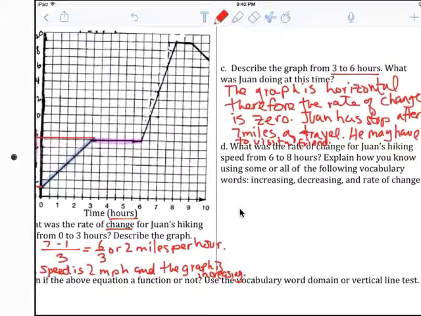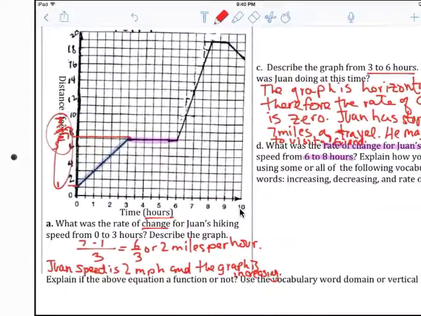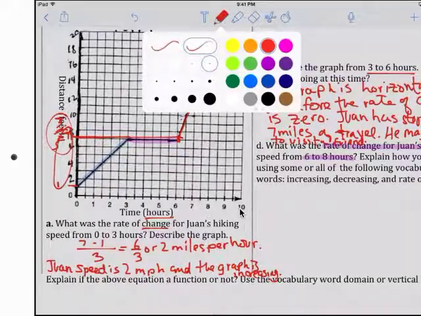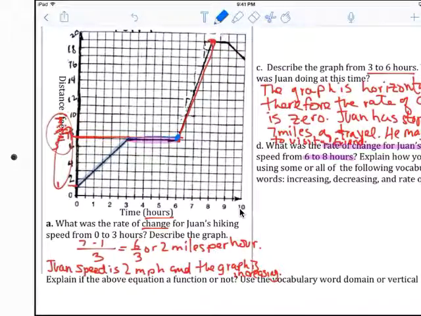What was the rate of change for Juan's hiking speed from 6 to 8 hours? 6 to 8 hours, from there to there. These are questions that are going to be on the test. Let me change the color. 6 is at 7. 8 is at 19.